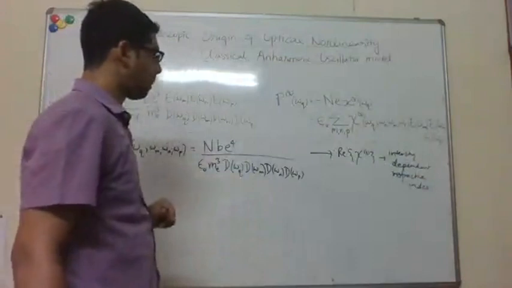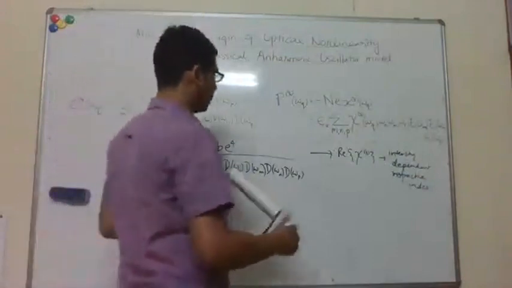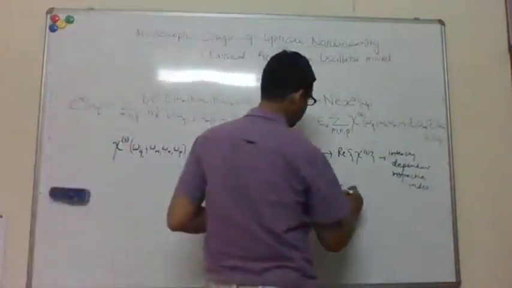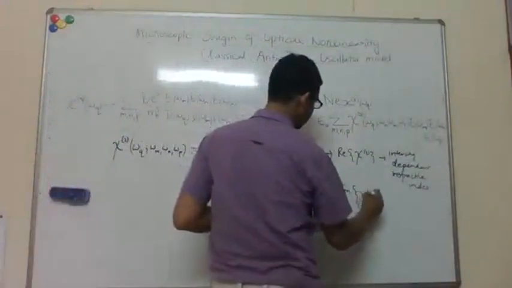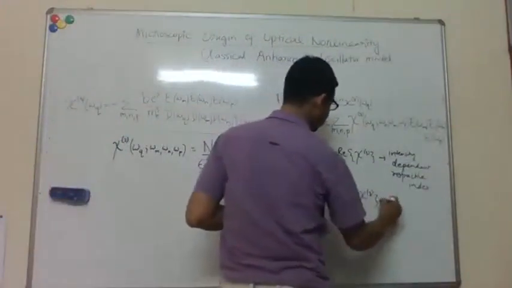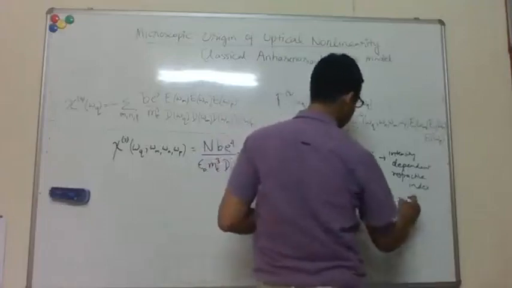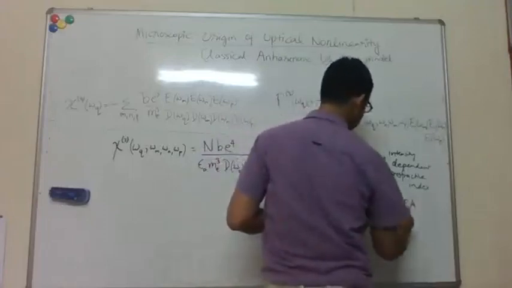And the imaginary part gives rise to loss again. For the chi3 case, it gives rise to what is called two photon absorption.